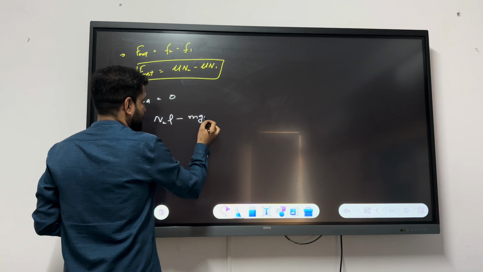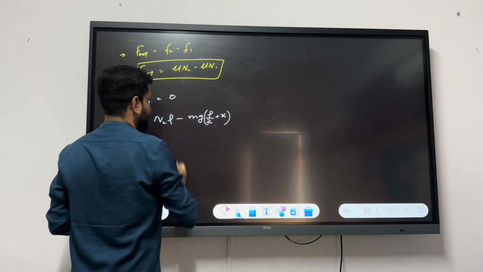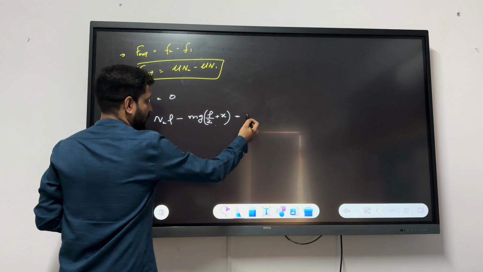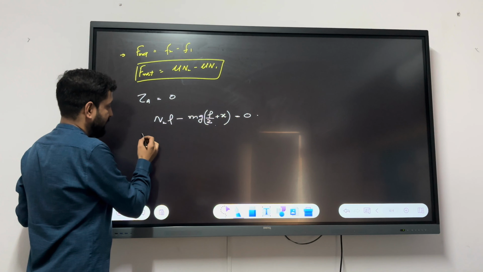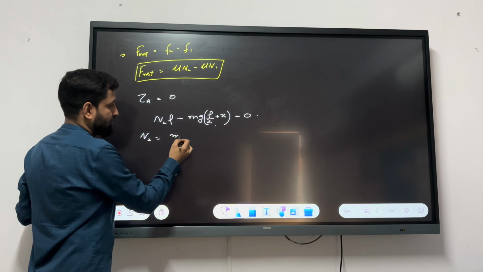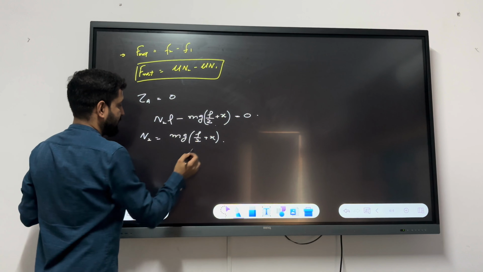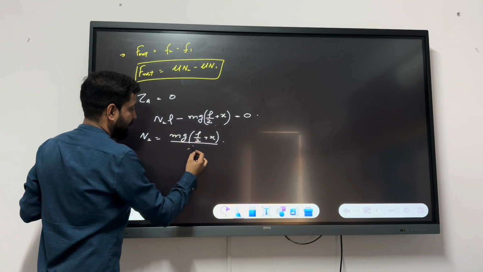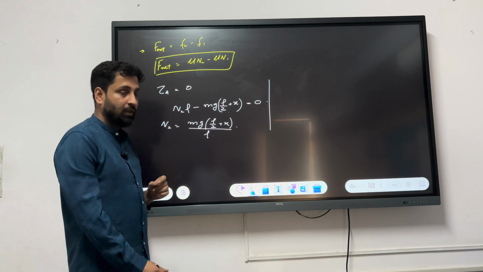So N2 L minus mg (L by 2 plus x) is equal to 0. So from here we can find N2. N2 is actually mg (L by 2 plus x) divided by L. That is your N2. So this was torque about A.